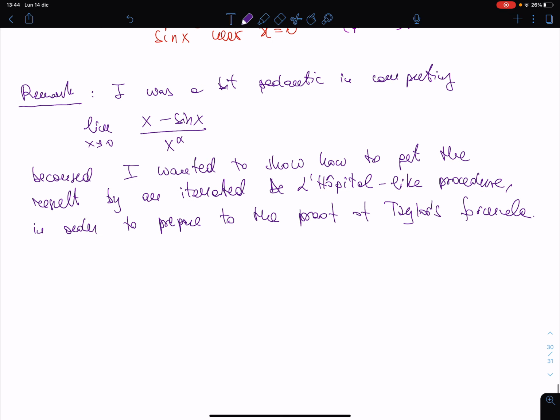Then it might be done in a much faster way.